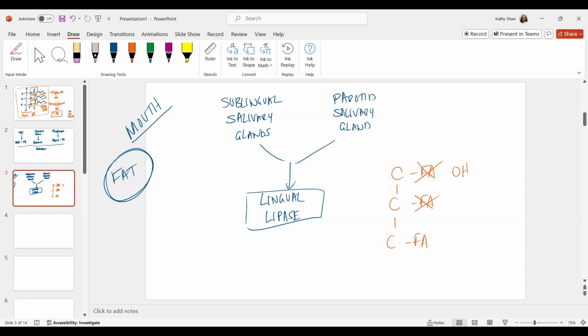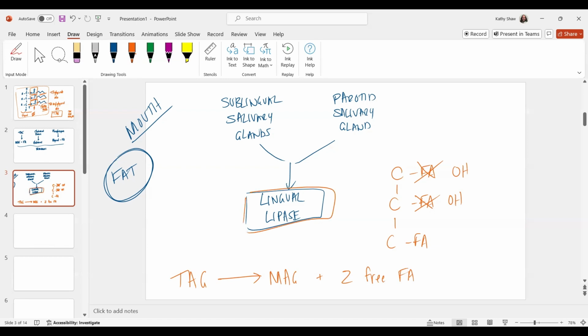So we'll just have OHs, hydroxyls on there. So we take our triglyceride, convert it to a monoacylglycerol, remember 1 left on there, and we're going to get 2 free fatty acids. So that's our first step. That's what our lingual lipase is going to do.